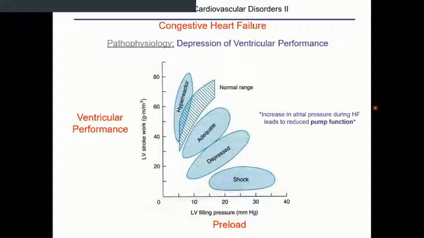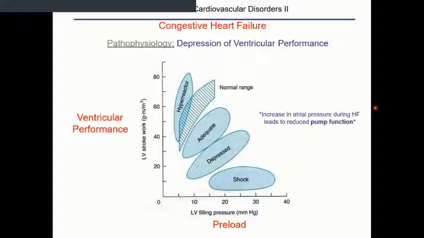Molecular alterations, including re-expression of fetal gene program and alterations in excitation contraction coupling and regulatory proteins can occur. In some cases, myocardial recovery or reverse remodeling is possible with pharmacologic and device therapy. So they are now saying that sometimes the damage done to the heart can be reversed with appropriate therapy.